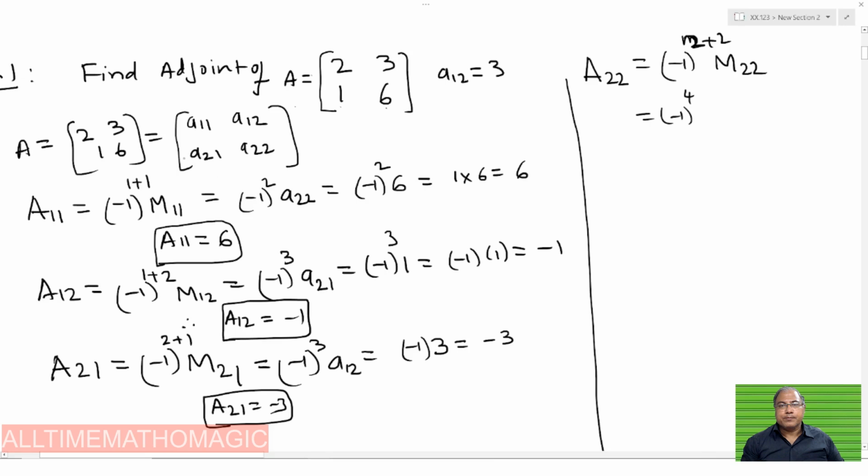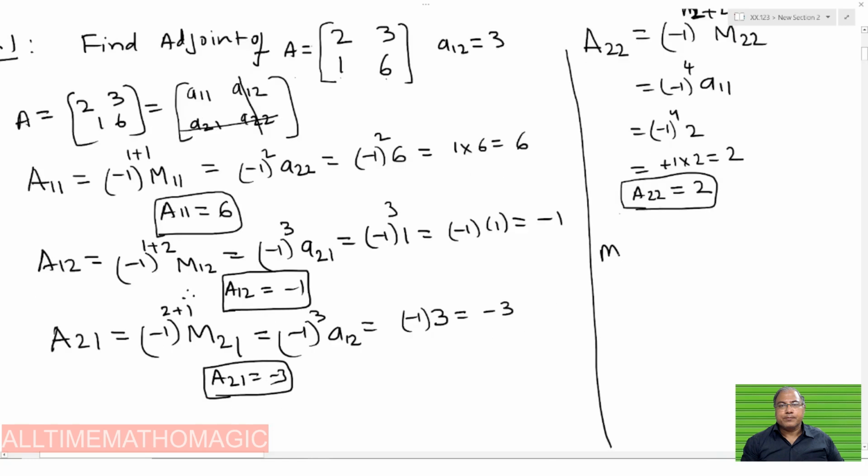Element A22 is present in the second row and the second column. So what is left? A11. Therefore, minus 1 raised to 4, the value of A11 is 2. So that is plus 1 into 2 equals 2. Therefore, the value of A22 equals 2.